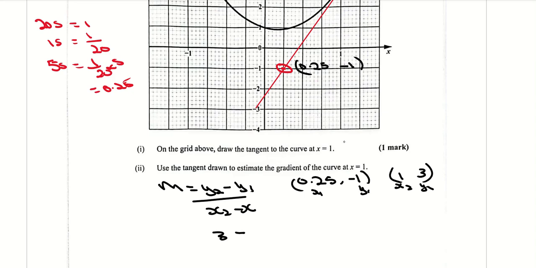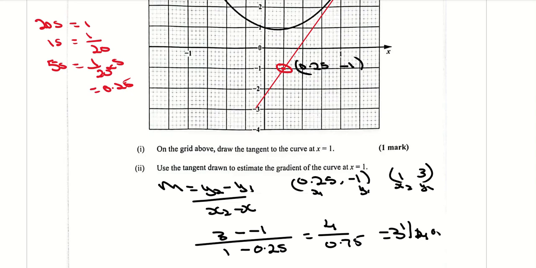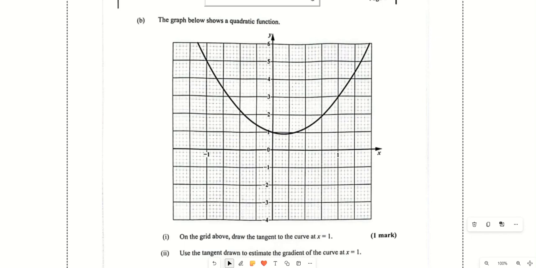We have 3 minus negative 1 over 1 minus 0.25, which is 4 over 0.75. 4 divided by 0.75 is 5.33, and that would be the gradient. Okay, I didn't like that answer, so I moved to the next attempt.